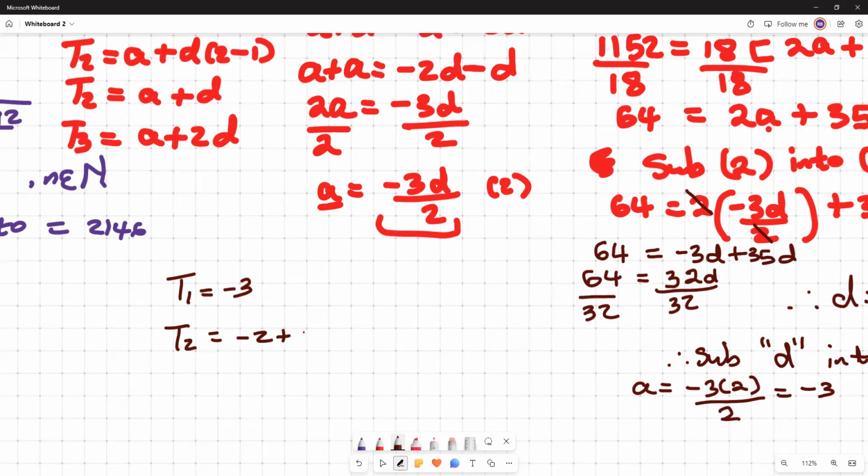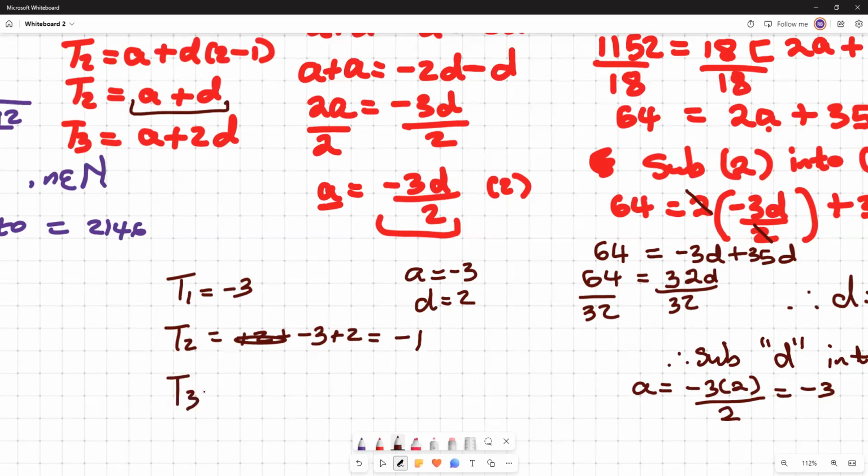Let me just list them here, because it gets confusing. So our a is negative 3, our d is 2, okay? So the second term is a plus d, so I have to add those things together. Minus 3 plus 2, which gives me negative 1.